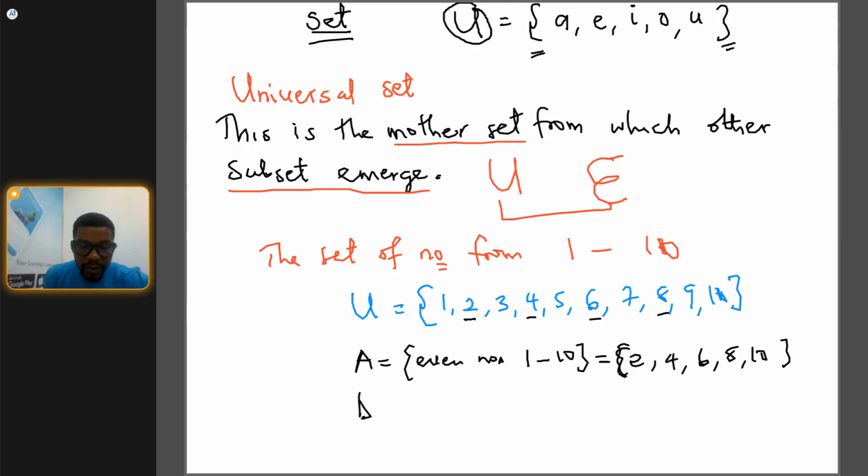What if you are asked to get the odd numbers from 1 to 10? What are the odd numbers from 1 to 10? I want it in the chat box.